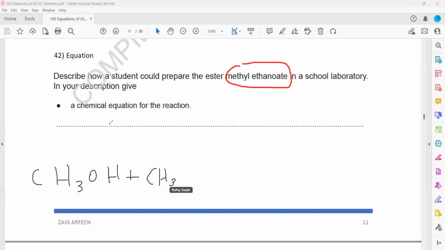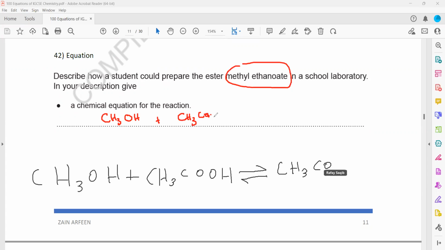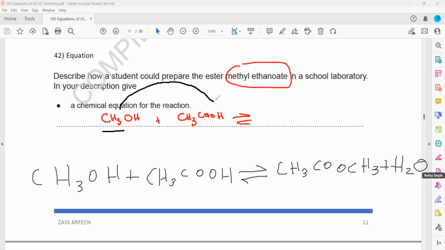So methanol will be CH3OH. Meth means 1 carbon, so 1 carbon should be there in the alcohol. So methanol plus ethanoic acid, which is CH3COOH. When they react with each other, the simple rule is that the carbon chain of the alcohol takes the position of this hydrogen to form an ester.